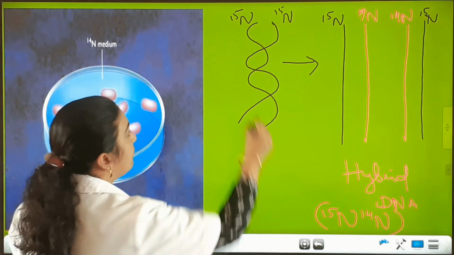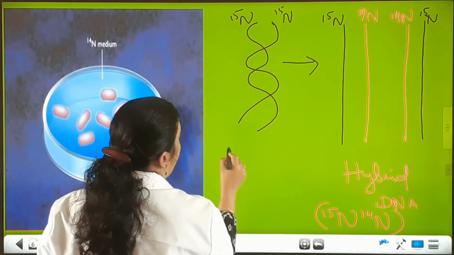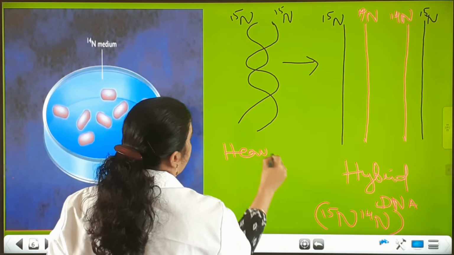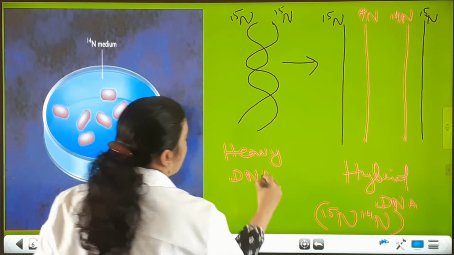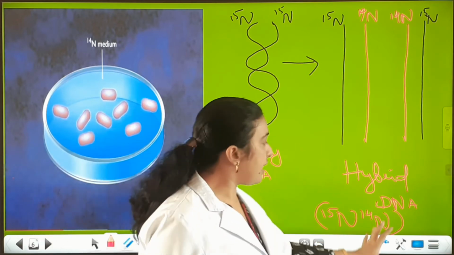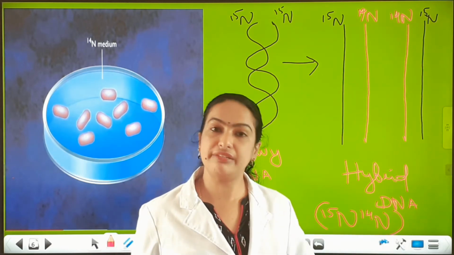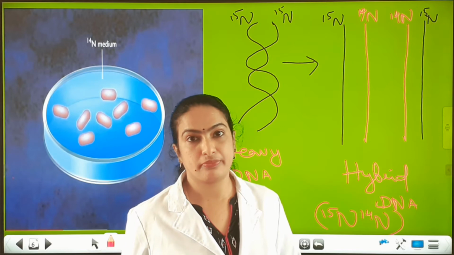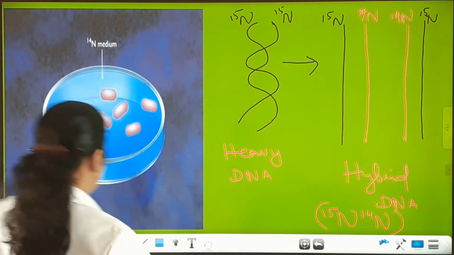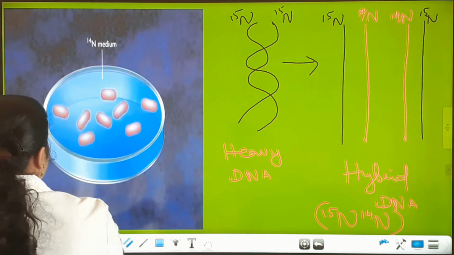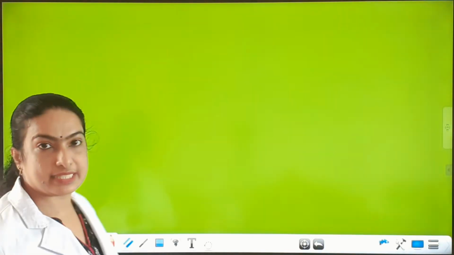Here this N15 we consider as heavy DNA. So N15 and N14 together we consider as a hybrid variety. Two different varieties are there. So clear? Then again they observed after 20 minutes.